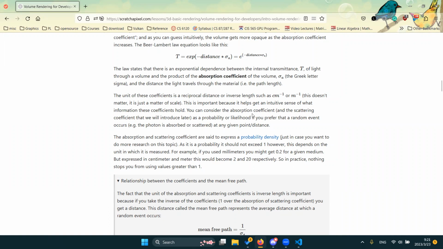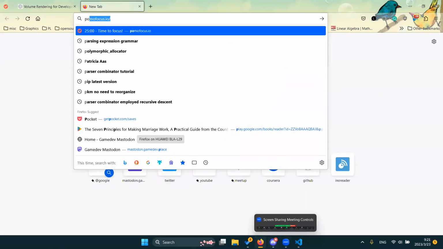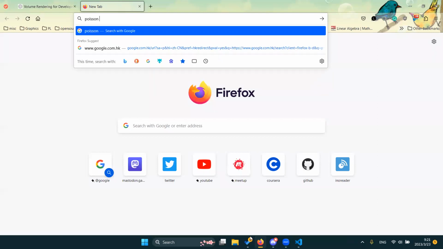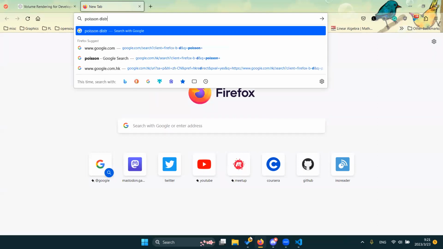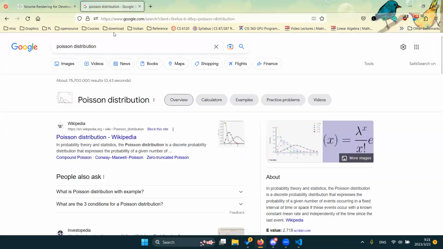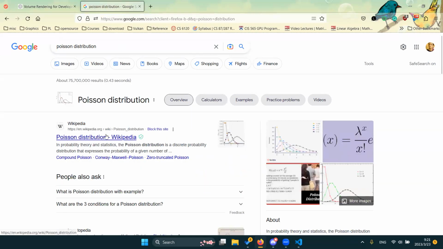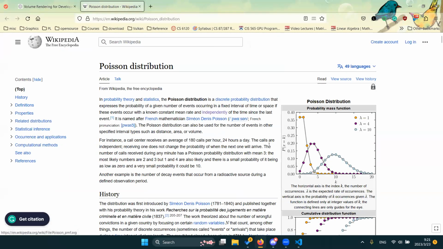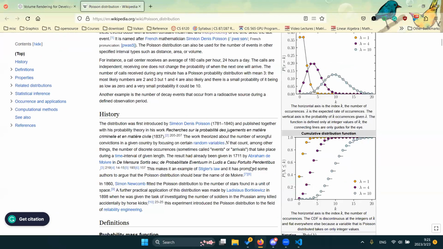You have to multiply. I'm not 100% sure because I'm really rusty with probability, but I think this is like a Poisson distribution, something like exponential decay.